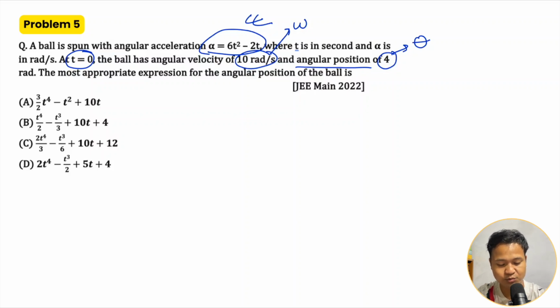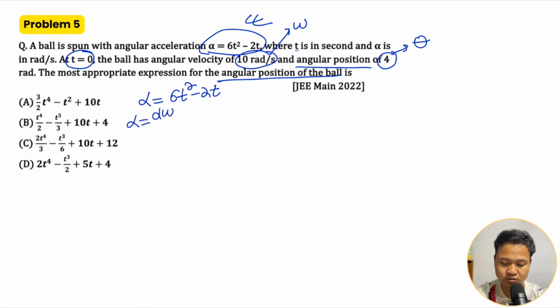The question is, what is the most appropriate expression for the angular position of the ball? So this is a pure maths question, a pure indefinite integral. You're given alpha as 6t square minus 2t.